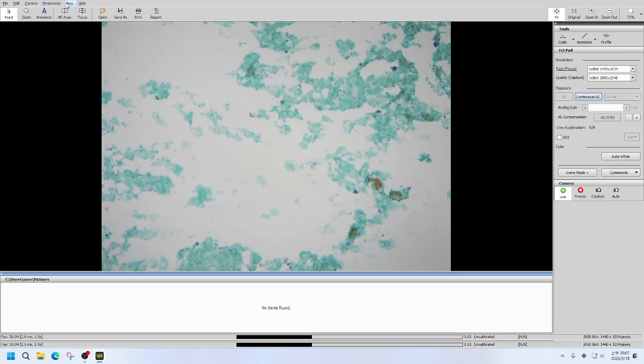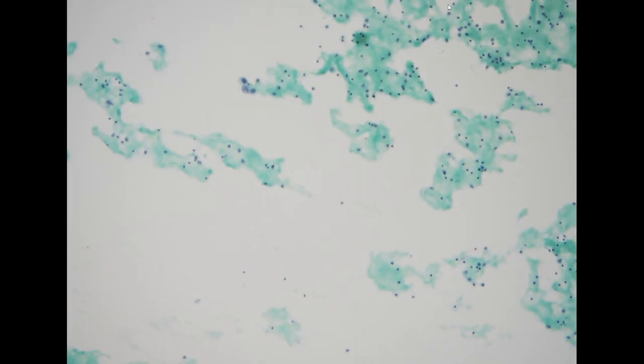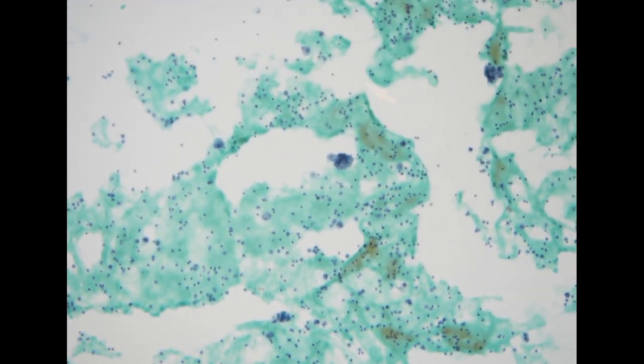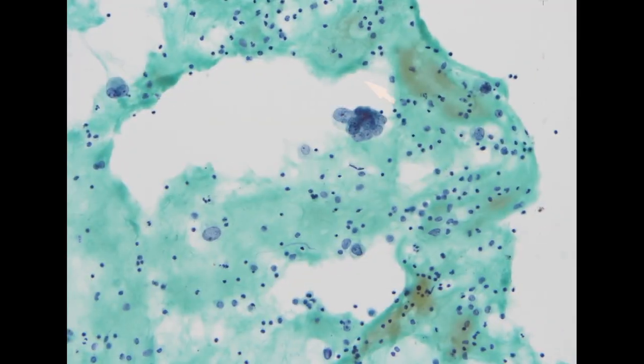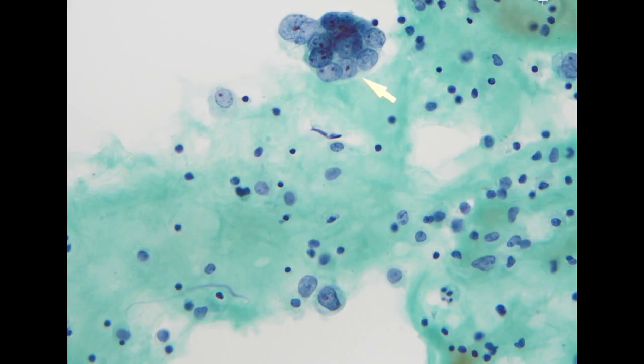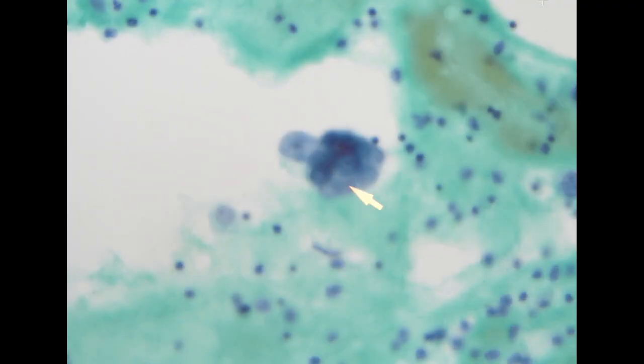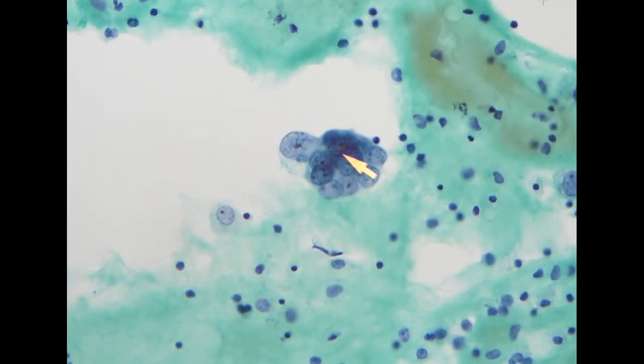She's a 72-year-old female presented with massive ascites. So in this specimen, we see scattered very tight clusters of atypical cells. And so you go to high power, you see the cells have this nice glandular arrangement with overlapping nuclei.